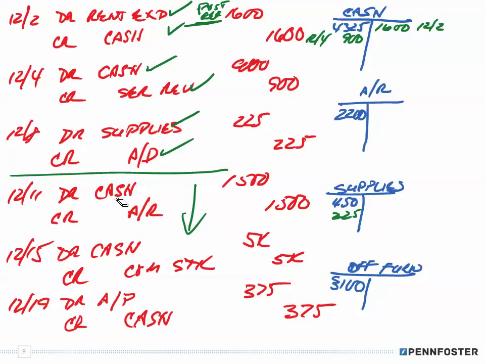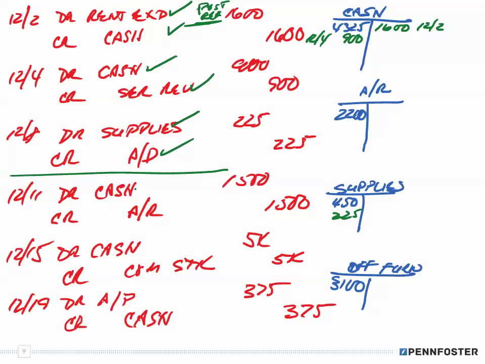If he wanted to know what his balance in cash was, he could come up here and say, for my cash right now, I have a debit of $43.25, a debit of $900, and a credit of $1,600, but I have to add these other cash items to that account in order to get the balance. So that's why you make a posting reference. And in this case, I'm just using a check mark to show that I actually made that posting.